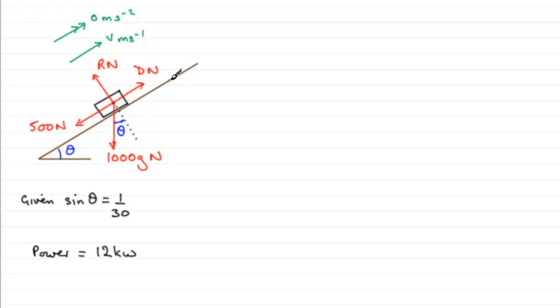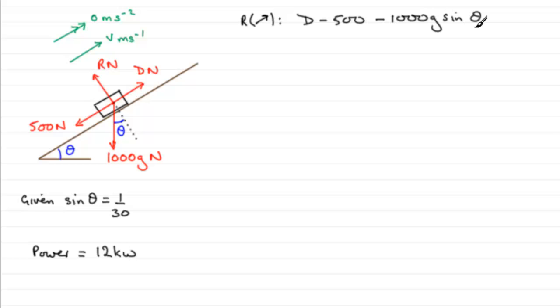Okay, welcome back if you did attempt this from here. So I did say that we'll resolve up the plane first of all to find out what D is. So if we resolve up the plane, we've got D acts up the plane, then you've got the minus 500, all of that acts down the plane, and then you've got the component of the weight acting down the plane, which will be minus 1,000 g sine theta.